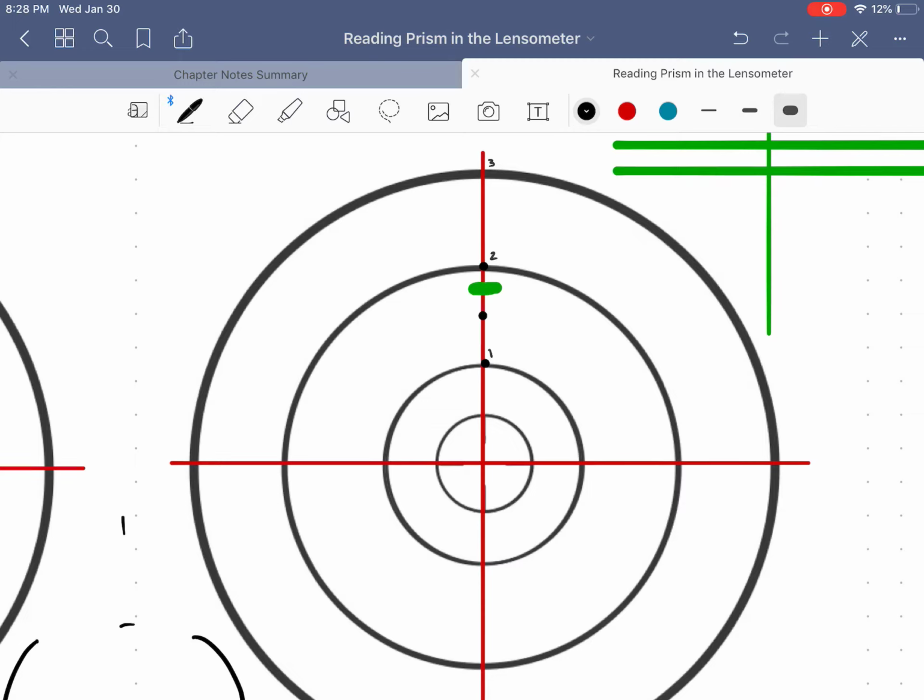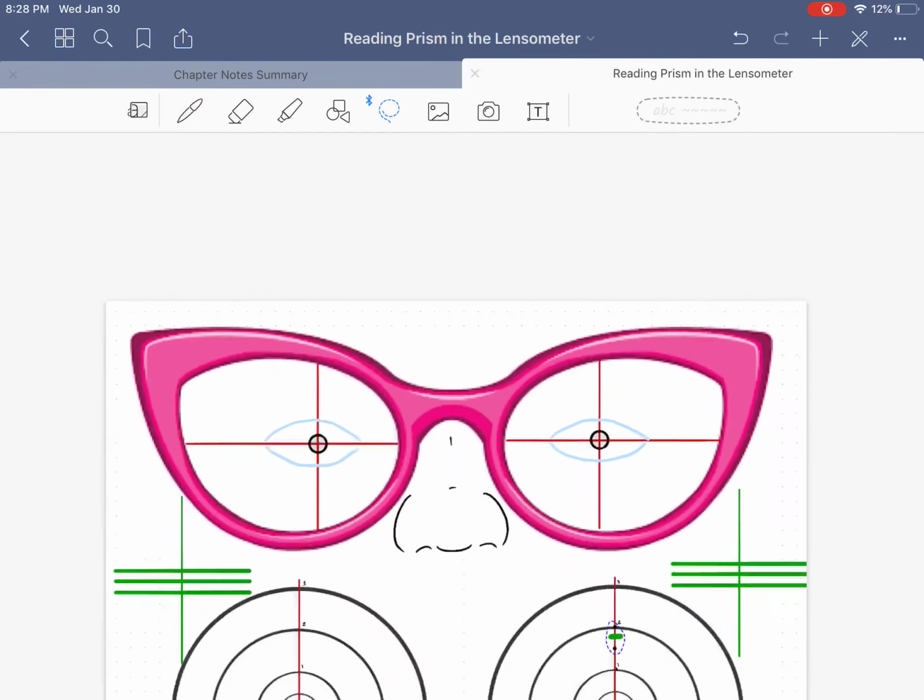So that gives us a better idea of how to estimate where this guy is. If this is 1, 1.5, and 2, then where does this fall? It falls right in between 1.5 and 2. So right in between 1.5 and 2 is 1.7 or 1.8.